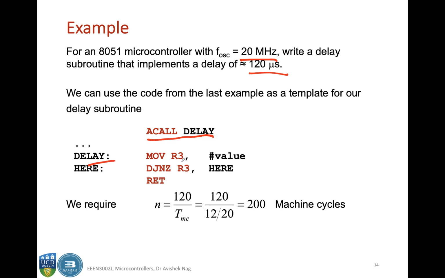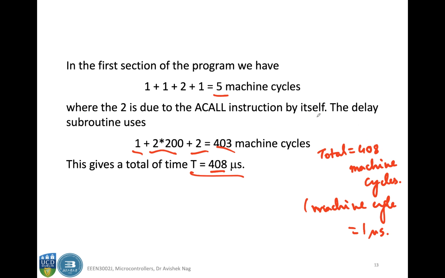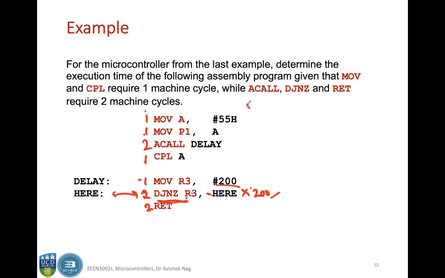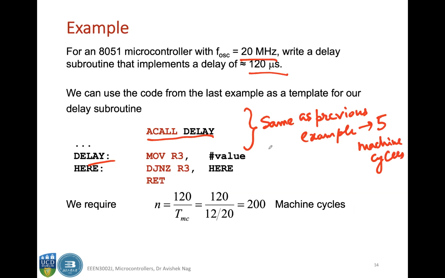Remember that the first section of the code remains the same as the previous example, and that used to take 5 machine cycles, right? So 5 machine cycles are already taken.